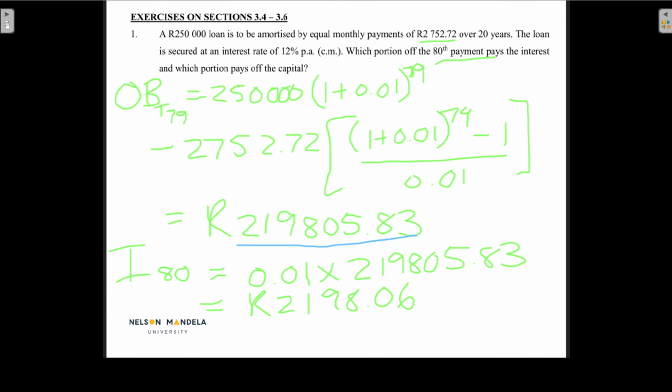If that part is the interest, what will be the principal portion? The principal portion of the 80th payment will just be my payment value, which is this one here, minus the interest portion of that payment.